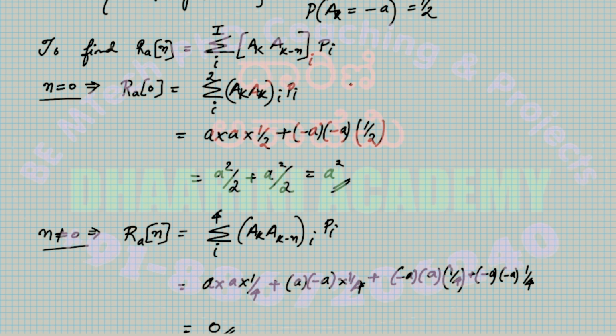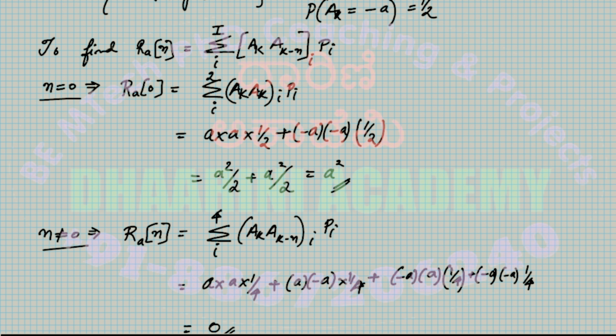So we have A square by 2, and the second term also gives you A square by 2 itself. So totally it becomes simply A square, right? Then proceeding further, let's look at RA of n for any value of n other than 0. Once again here we have four cases, because the current term is A, the next to next term will be A or minus A. So I get two chances over there.